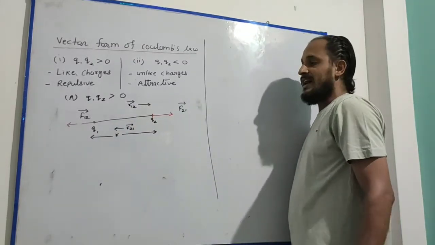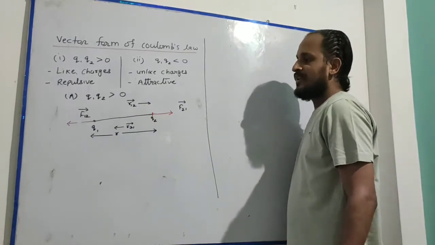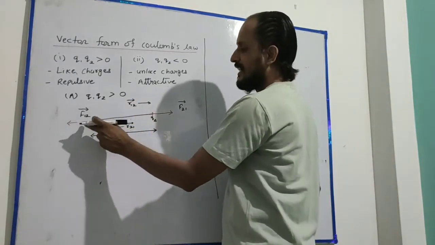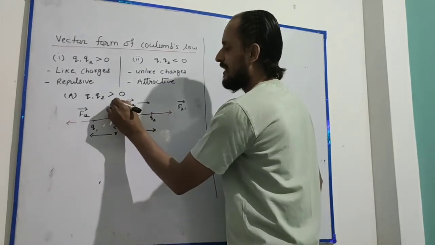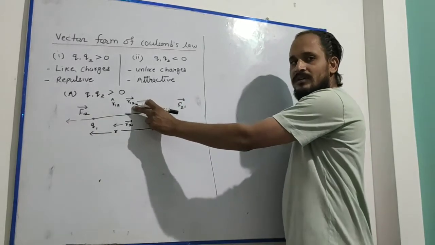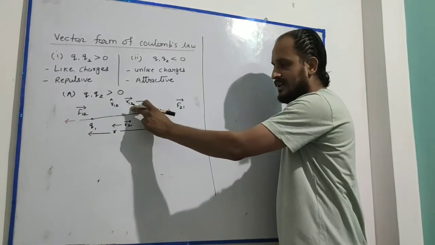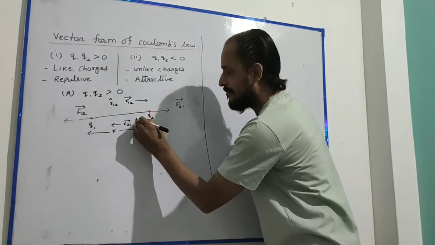We know that the direction of unit vector and displacement vector is same. So what is the direction of unit vector from charge 1 to 2? It is R12 cap and its direction is same as that of the direction of displacement vector. What is the direction of R21 cap?